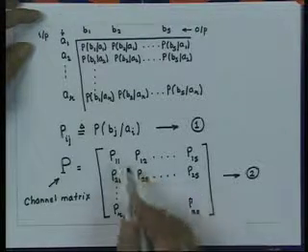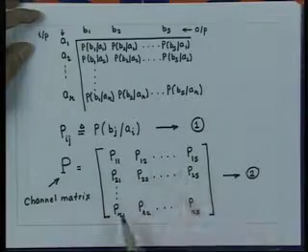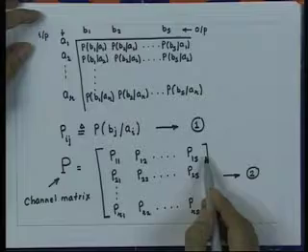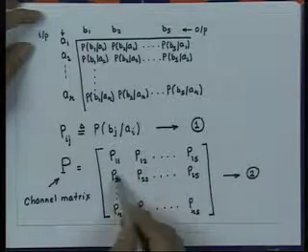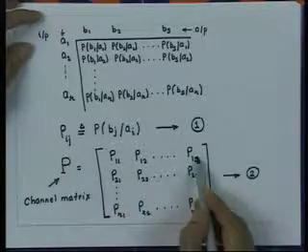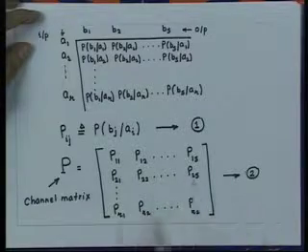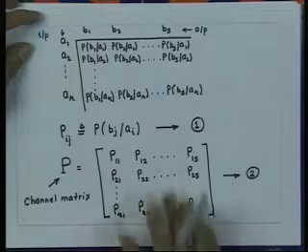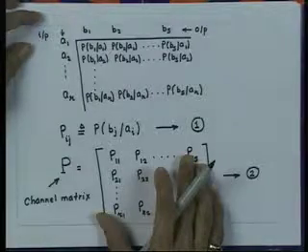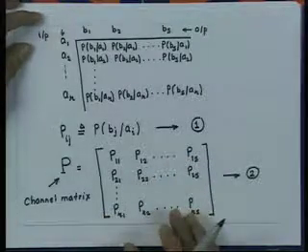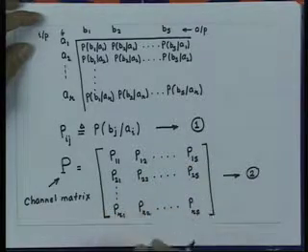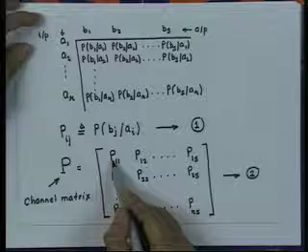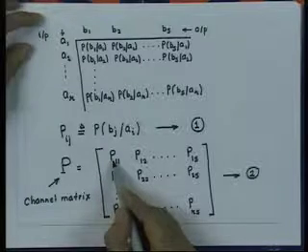Also note a fundamental property of this channel matrix: the terms in any row of the matrix must sum to 1. So, the summation out here will be 1, the summation out here similarly will be 1, and such matrices are also called Markov matrices or stochastic matrices. Now, this property follows since if we send an input symbol ai, we must get some output symbol.